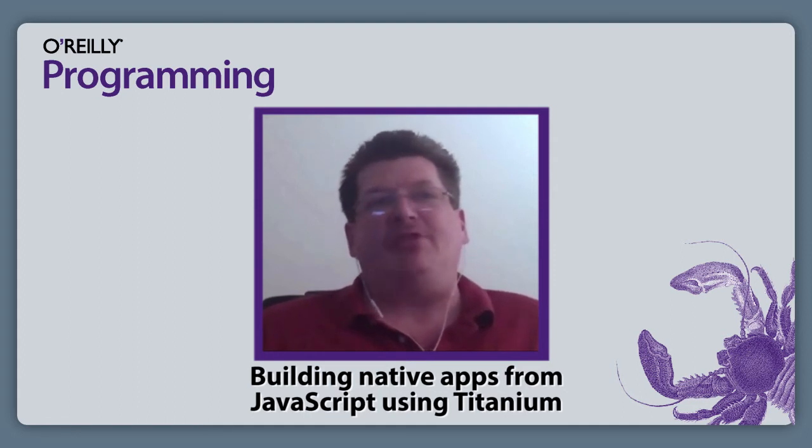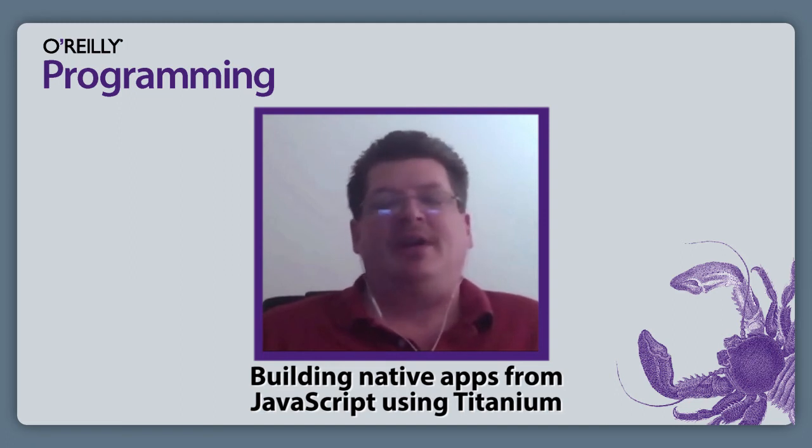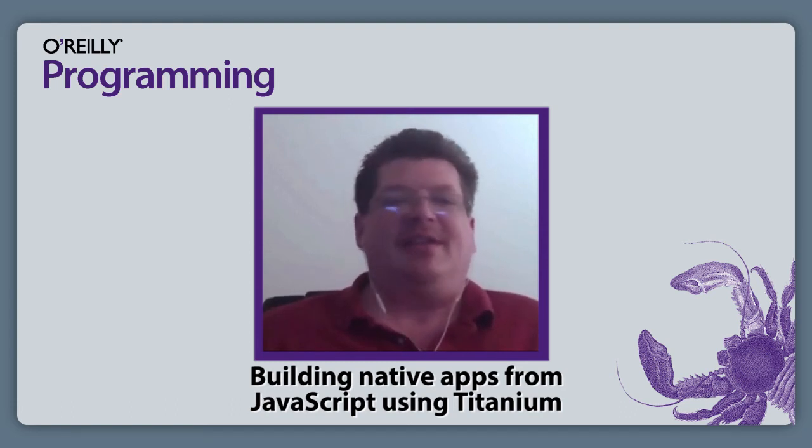So that modular plugin architecture gives you a really nice way to make use of the core Titanium functionality for, say, the 90% of what an app needs to do. But if you want to do something that's not included in the core libraries, you can just take these modules, drop them in, and very easily make use of functionality that was written for you, making your app development that much faster.